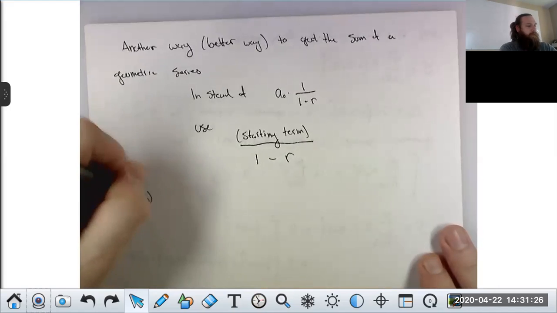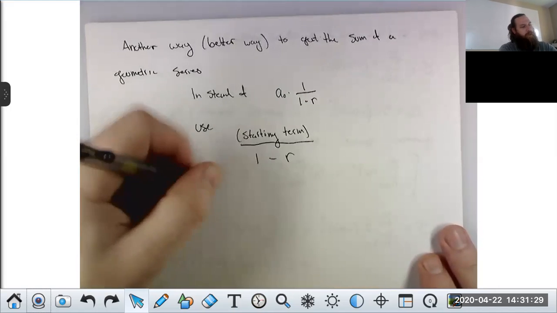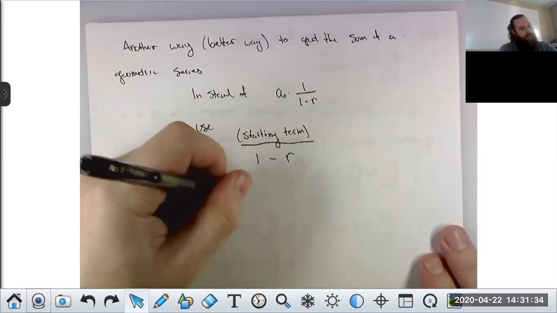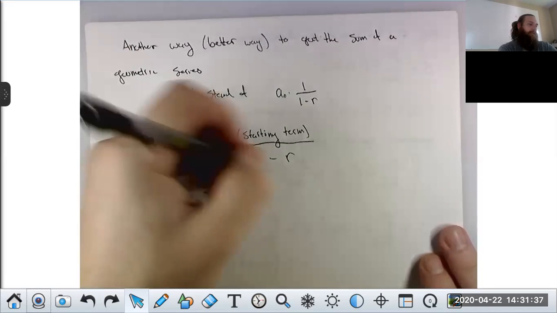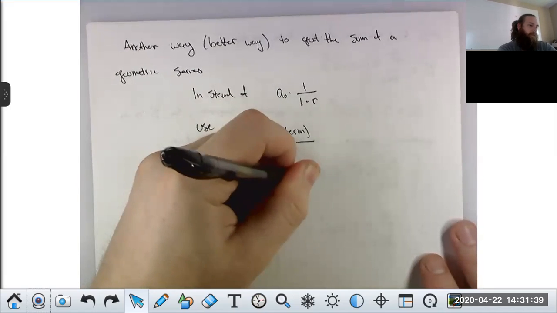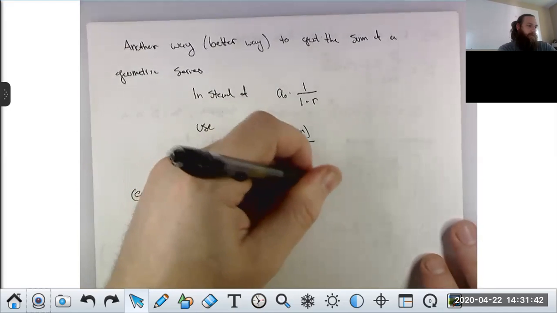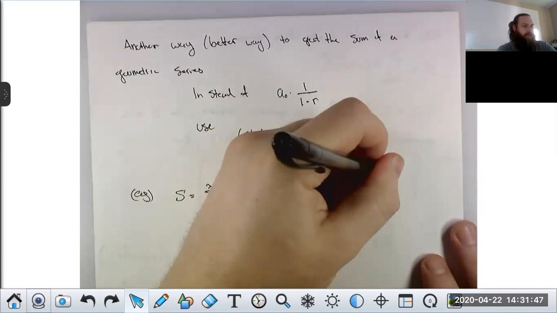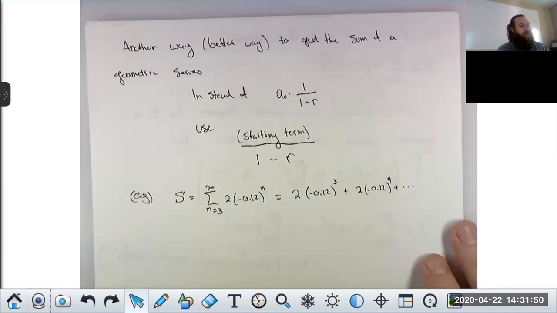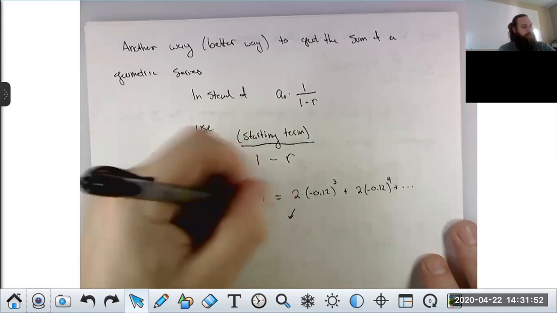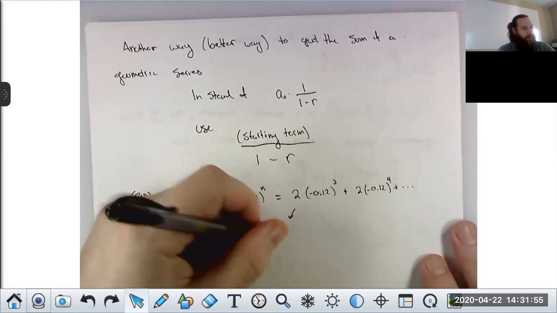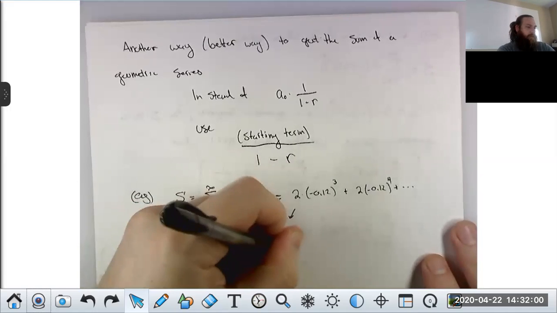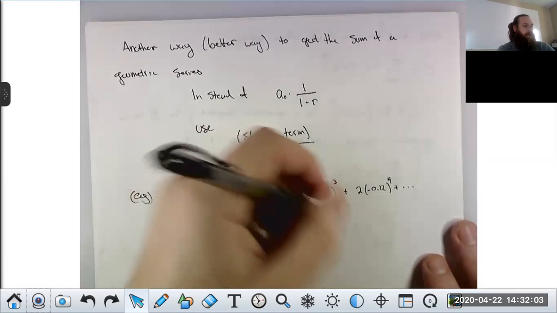If I apply that to the series we were just looking at, this has starting term 2 times negative 0.12 cubed, and then 2 times negative 0.12 to the 4, and so on. Then I take this starting term, 2 times negative 0.12 cubed, and I divide that by 1 minus the common ratio. I get the result right away.